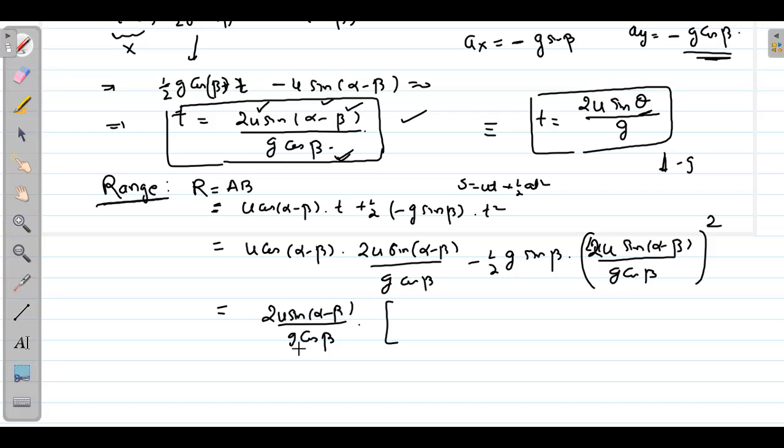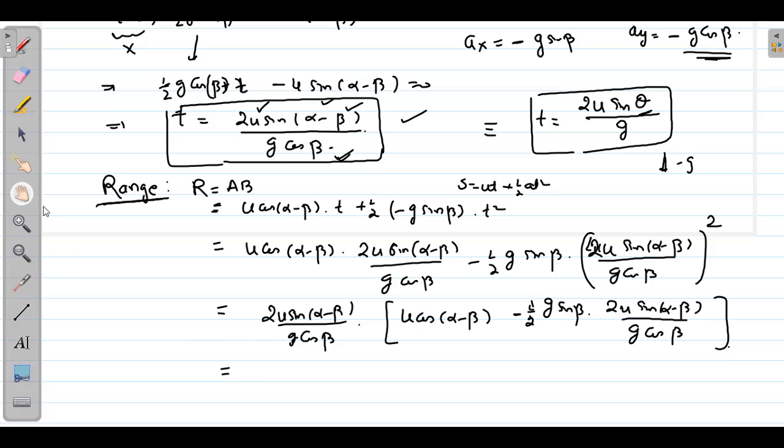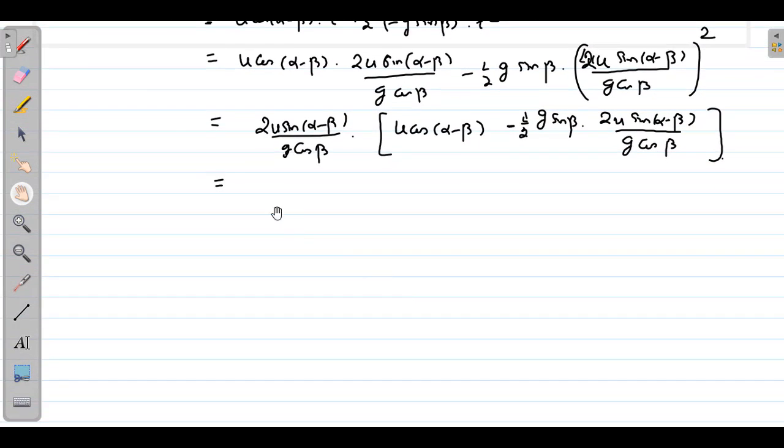And the rest is nothing common, so we are left with u cos alpha minus beta minus half g sine beta into 2u sine alpha minus beta by g cos beta. Now we have to solve and simplify it.